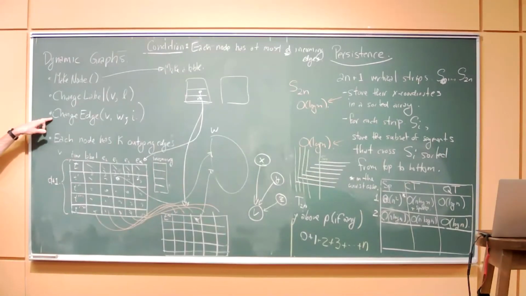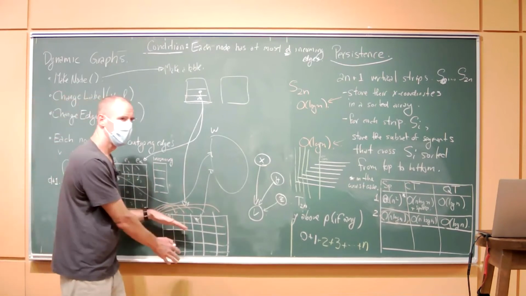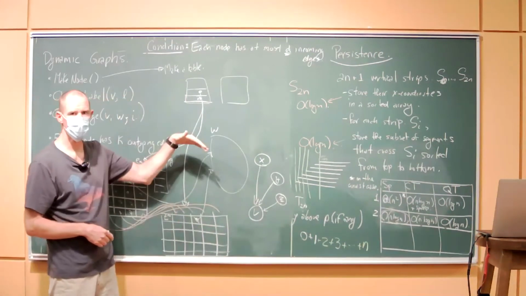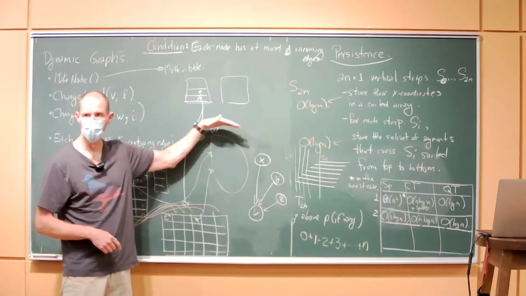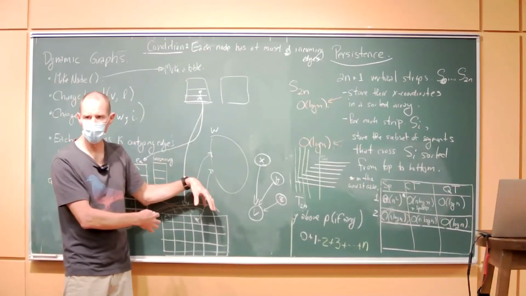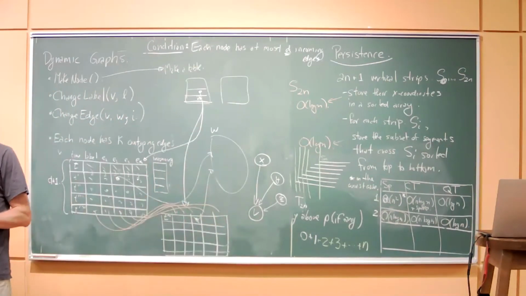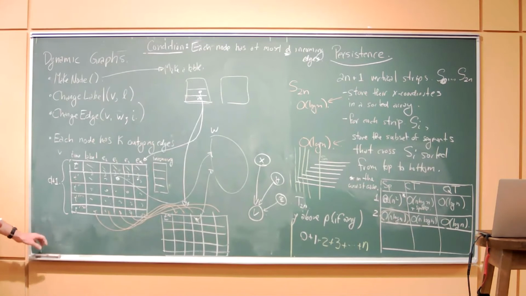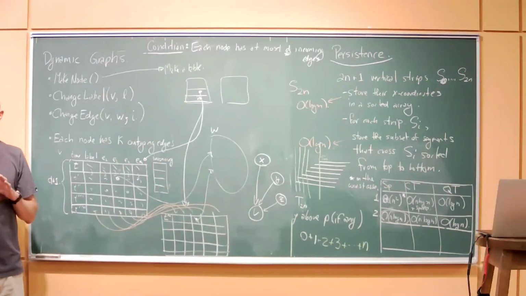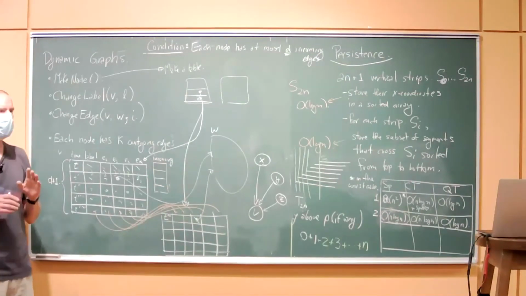So change edge on V can end up splitting this table and then having to call change edge up to D times on other nodes so that they update their pointers to point to this new table. Sounds terrifying. Sounds like this cannot possibly work, right? All right, good. Okay, is that everything clear-ish?